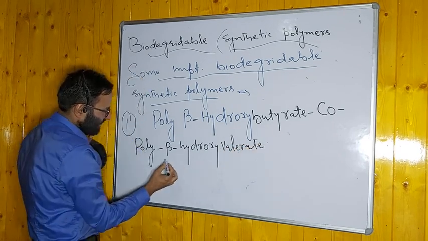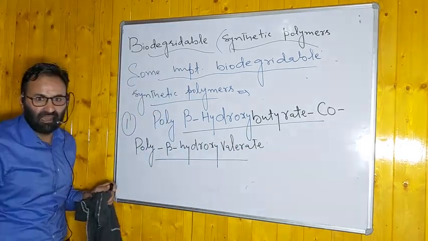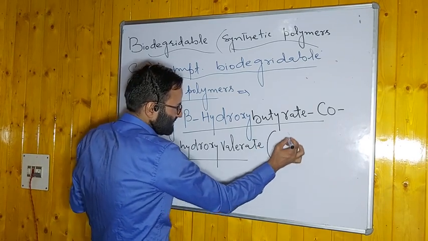Valeric acid has 5 carbon atoms. Butyrate means butyric acid having 4 carbon atoms. We have discussed these in the carboxylic acids.